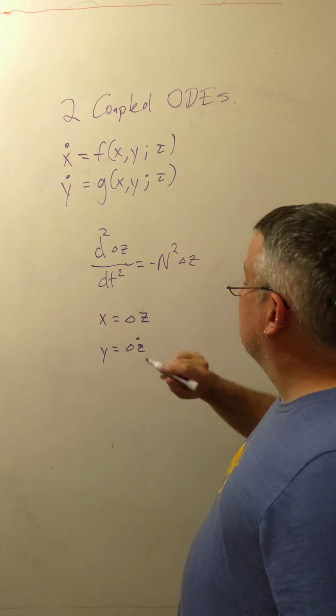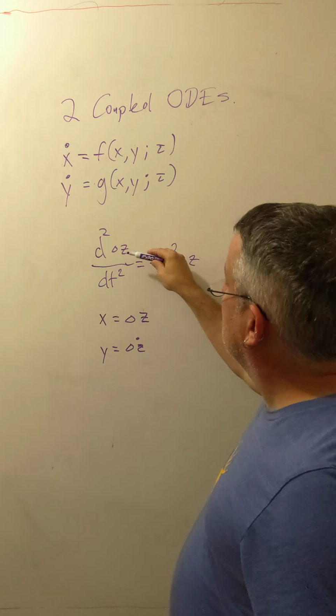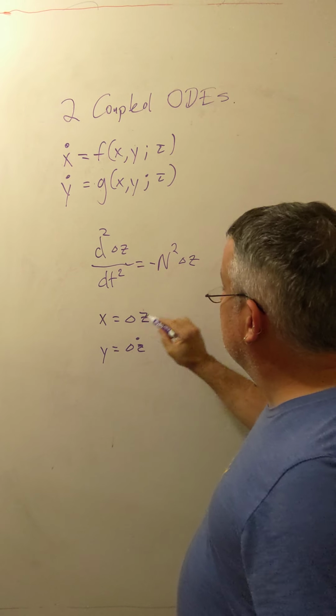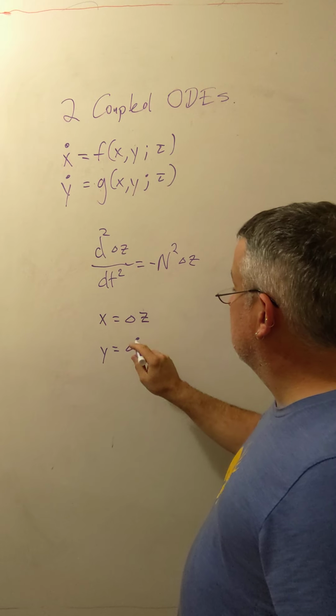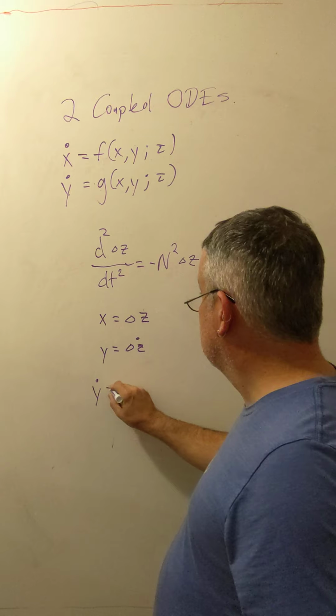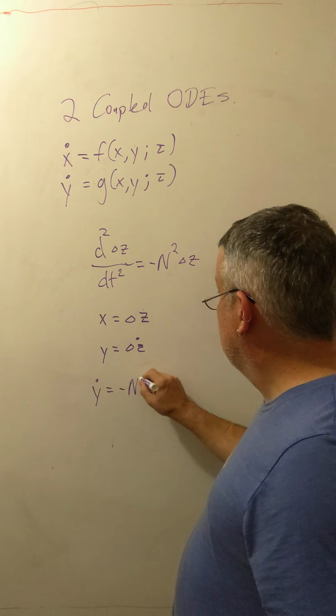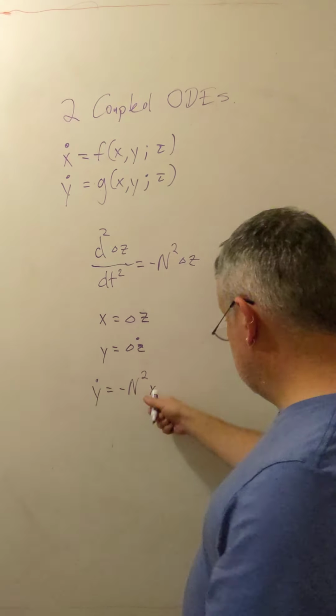Okay, so d dt of delta z dot, I could say that that was either the second derivative of x, or I could say that that was the first derivative of y. So let's write it as y dot equals minus N squared x. Okay, that's great, cool.